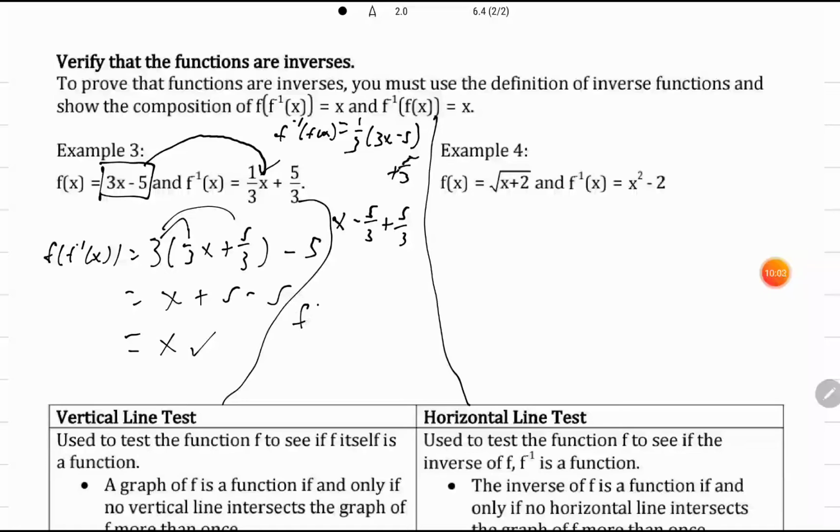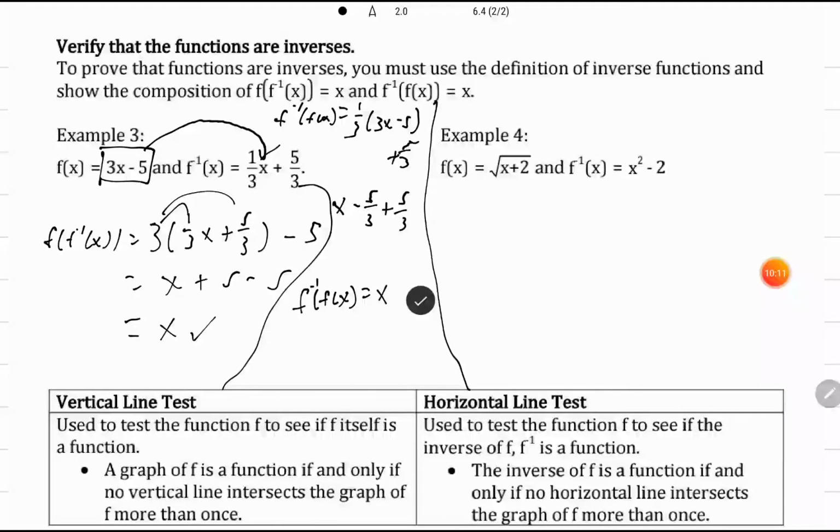So I get f inverse of f of x equals x. So they are inverses of each other.